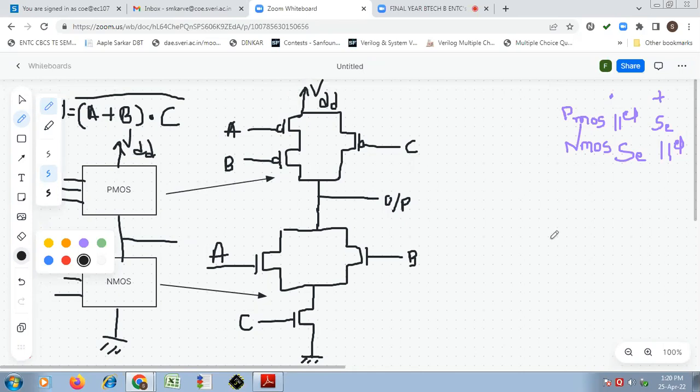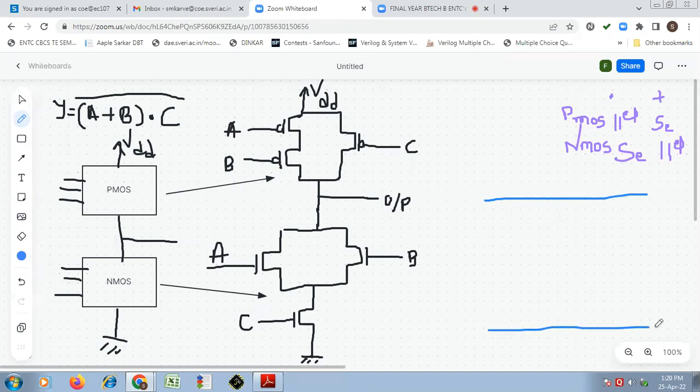Okay, now we have to draw a stick diagram. Okay, now first we have to draw the VDD and ground, right? Then this P diffusion, and then green will be the N diffusion, right? And this is for A, this is for B, and this is for the third input.